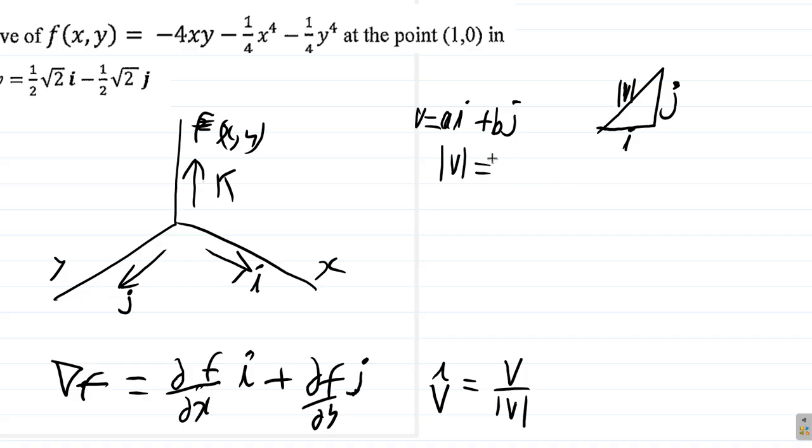So the hypotenuse is the square root of a squared plus b squared. This is a long and this is b long, right?